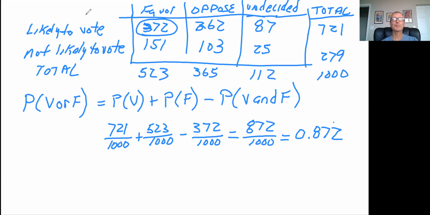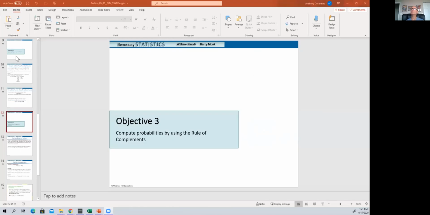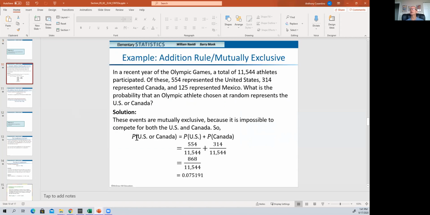So continuing, let me show you one more calculation. This one I'm just going to do right on the PowerPoint here. This is the idea of calculating when there is no overlap. We did that on the dice with the 1 or 2. Let me show you what it looks like with data, more of a statistical way.